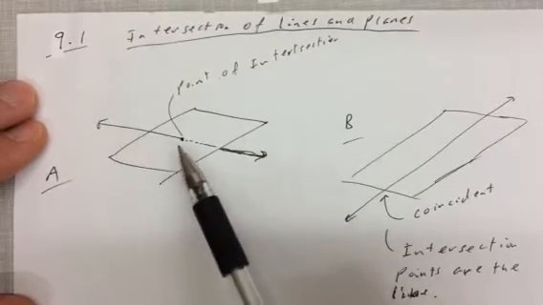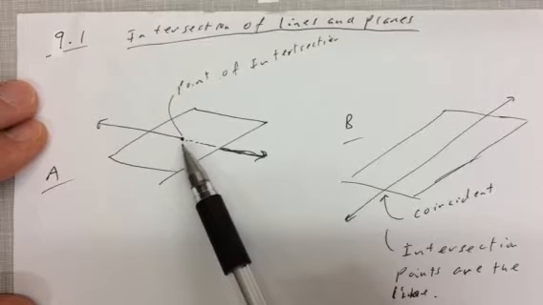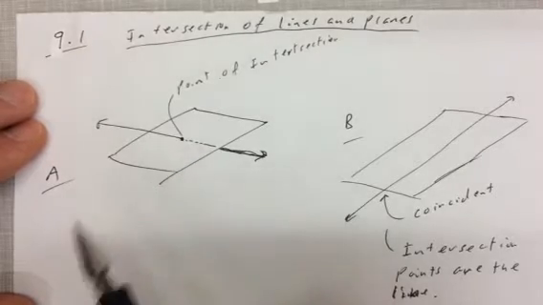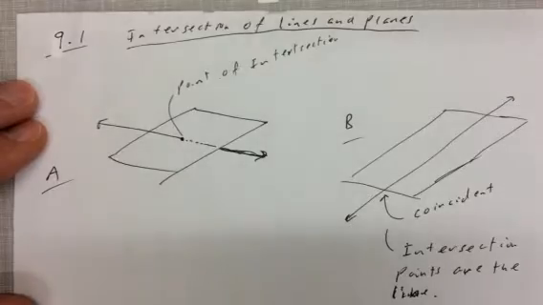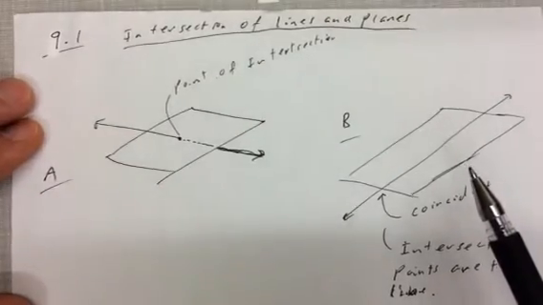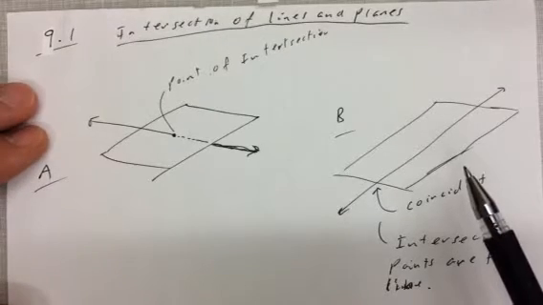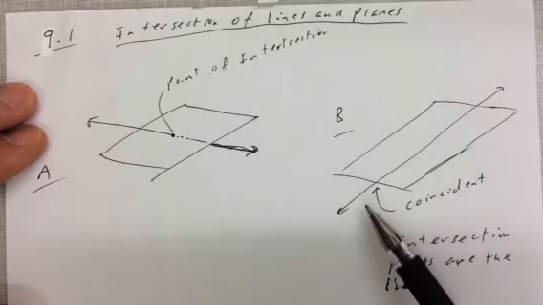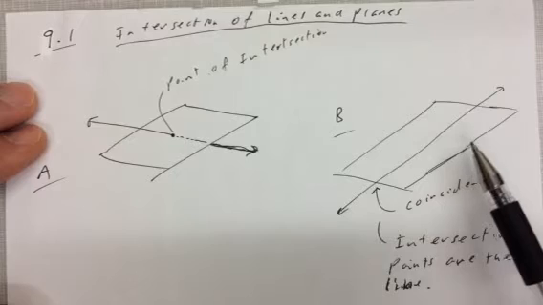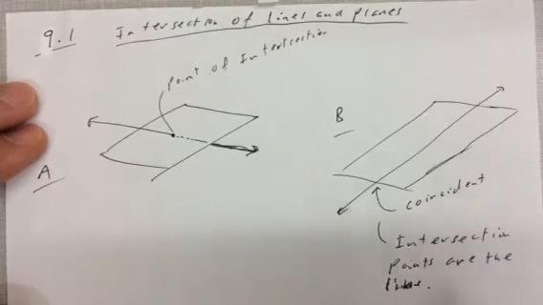The line would probably intersect the plane at one point. With randomly selected lines and planes, you would probably rarely come up with this, and that would be a line that lies on the plane, so they're coincident.